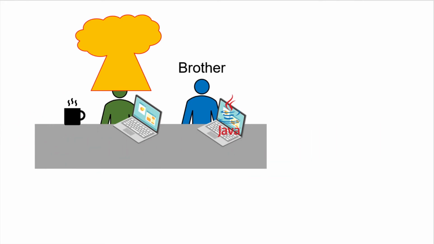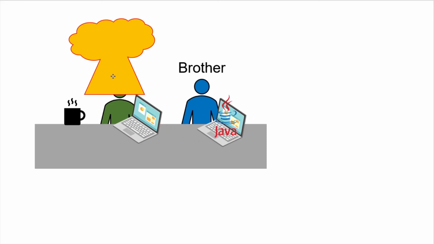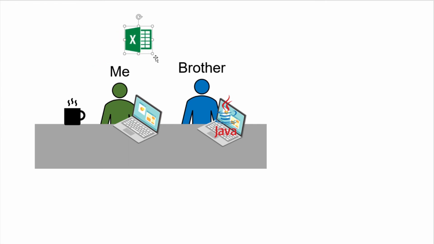So I stole some of his knowledge, and then I applied it in my own way. It made me understand the objects in Excel, and how I could manipulate them to achieve my goals.